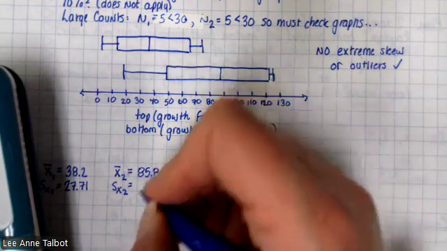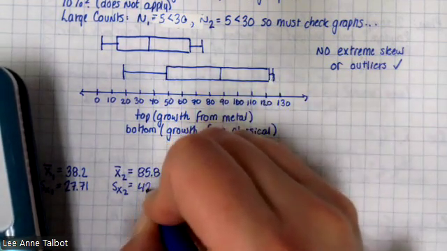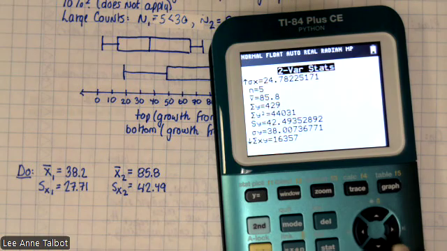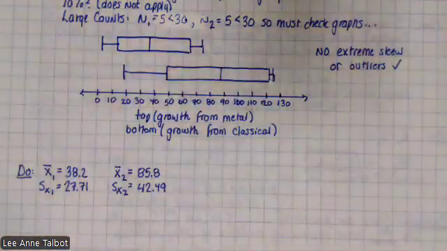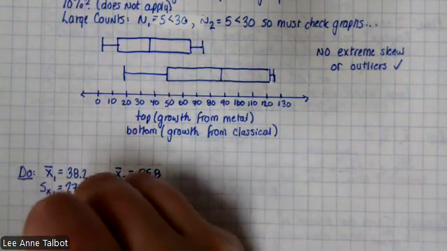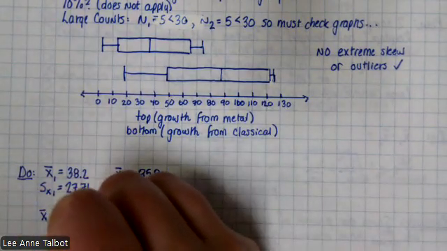And my standard deviation is 42.49. You see how you can get all four of those numbers with one thing on the calculator? Because we're lazy. Okay, so now x bar 1 minus x bar 2.